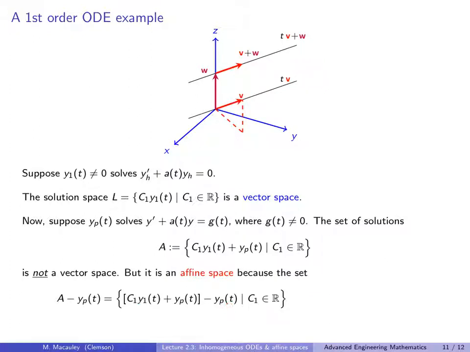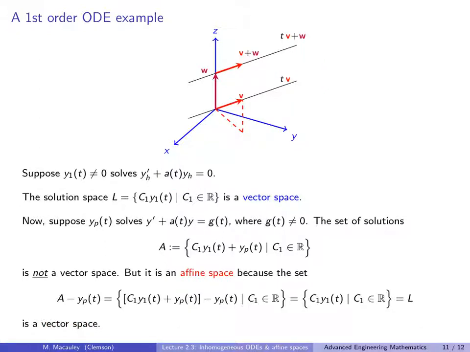You subtract off yp, then the yp's cancel, and you get the set of all c1 y1, which is the original line or subspace L, the original set of solutions to the homogeneous equation, and that is a vector space.